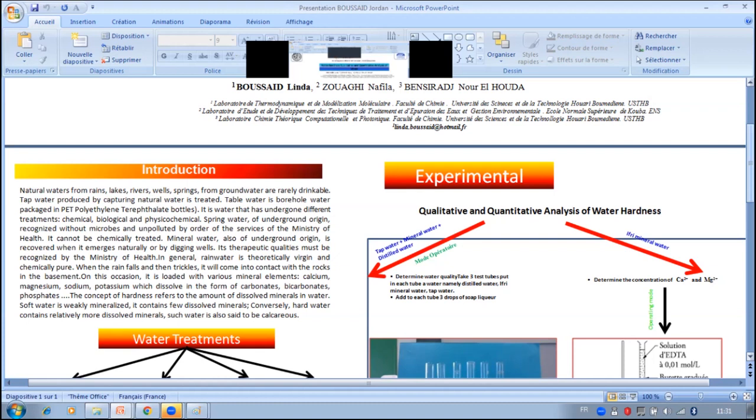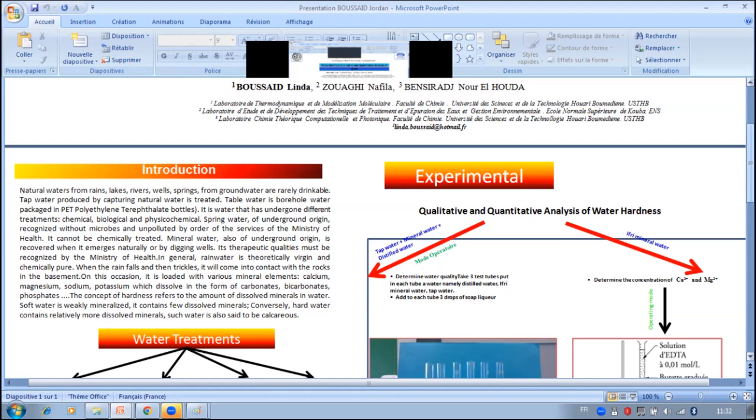It is water that has undergone different treatments: chemical, biological, and physico-chemical. Spring water of underground origin is recolonized without microbes and ampulated by order of the Service of the Ministry of Health.